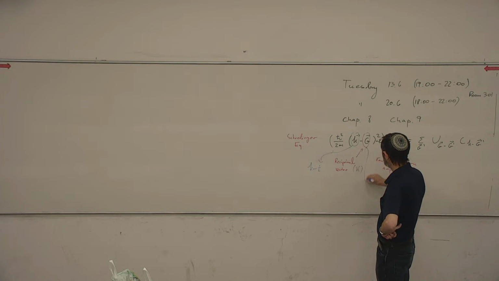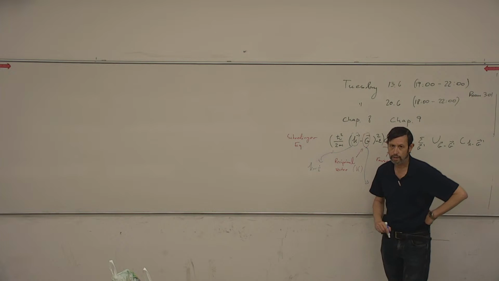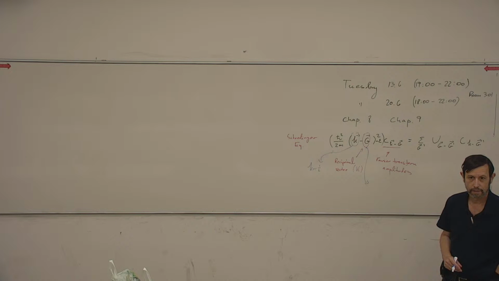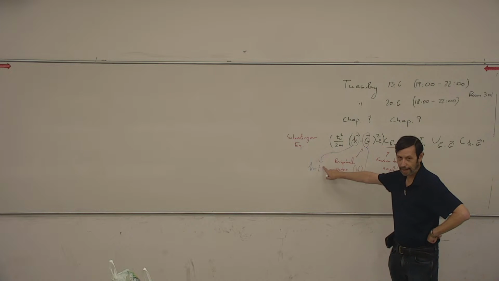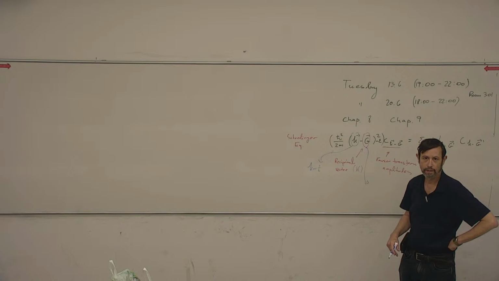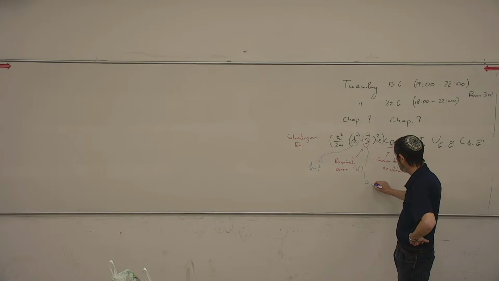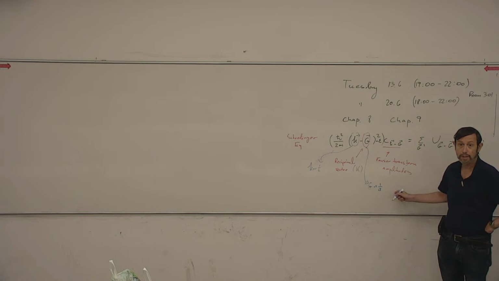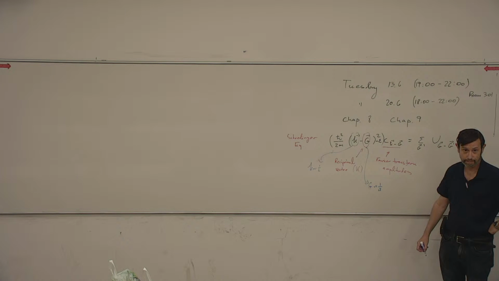On the other hand, this guy, how does it behave? Here I don't care at the moment about 2 pi's. If it's a reciprocal lattice, exactly, it behaves like 1 over a. It's much, much larger than small k, typically.